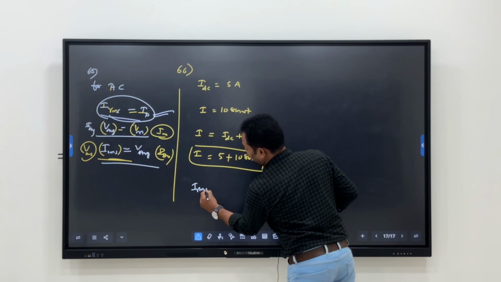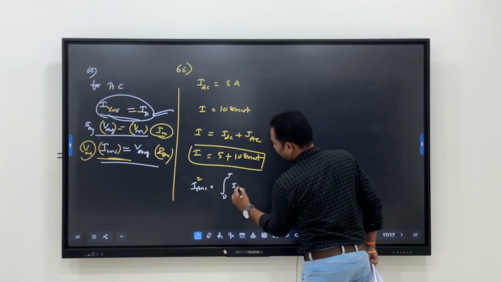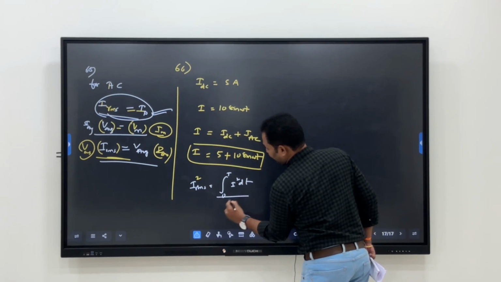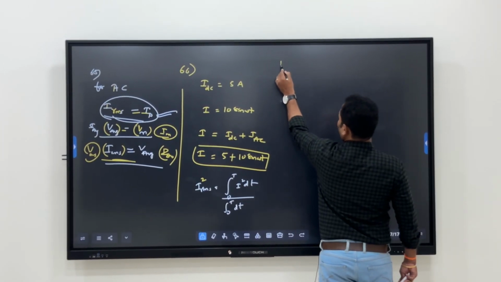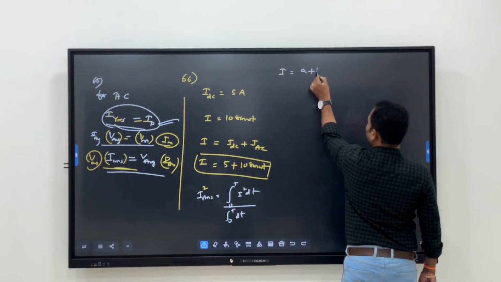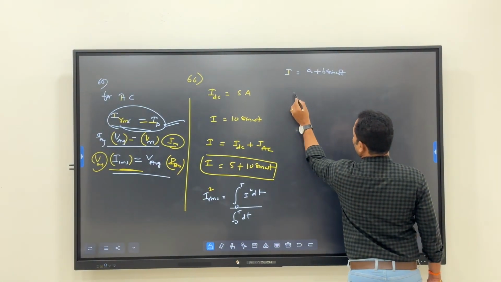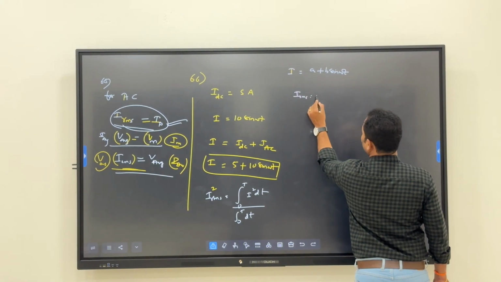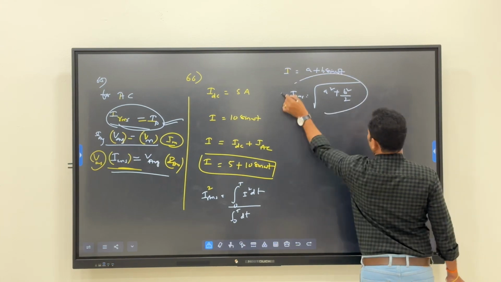Generally, I RMS square is the integral of I square dt from 0 to T divided by T. For I equal to A plus B sin omega t, I RMS is root over A square plus B square by 2.